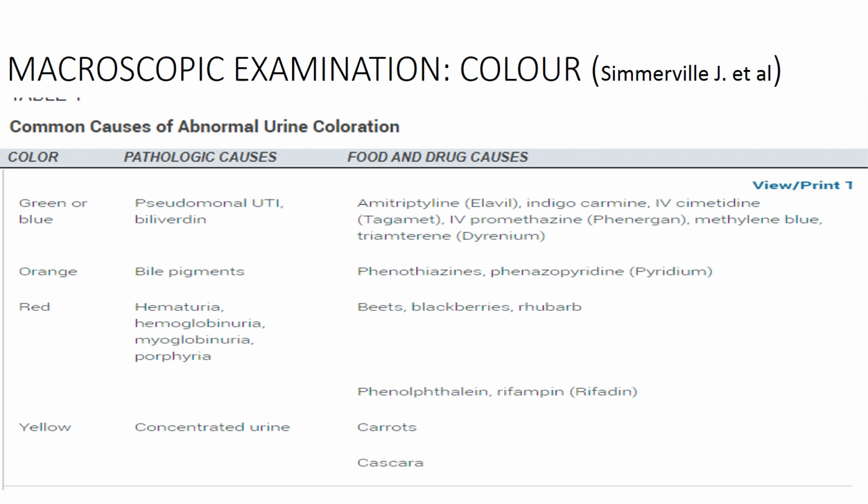And then you also get patients that have eaten certain foods, things like blackberries, beets, or rhubarb, that may have red urine. And then finally, you get yellow urine in patients that have had a lot of carrots, patients who are on rifampicin, and patients who may be dehydrated and consequently have concentrated urine.